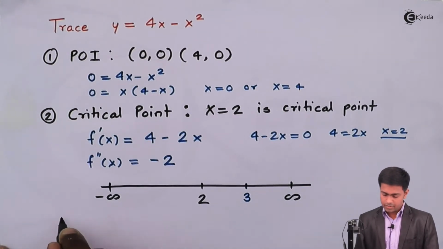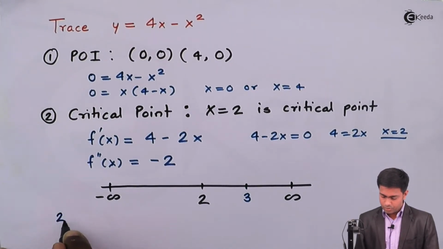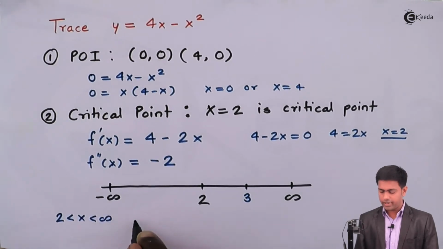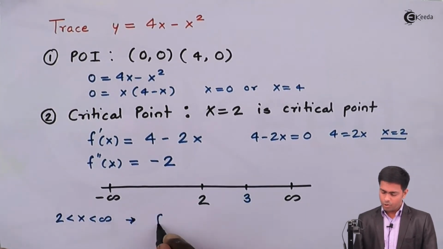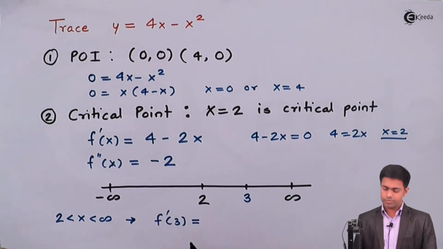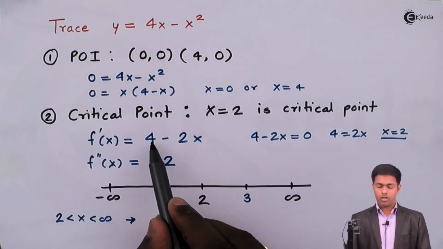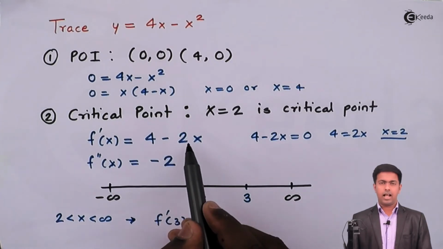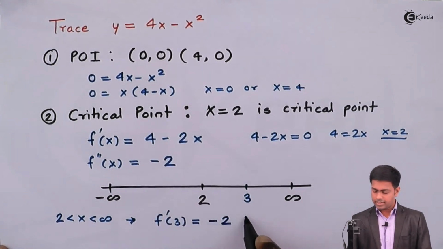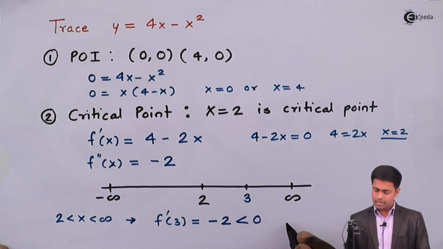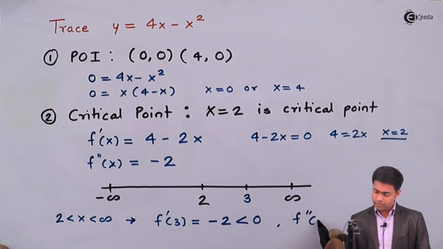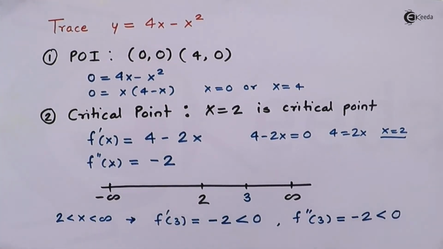So here, between 2 to infinity, f dash of 3 equals 4 minus 6, and that will be minus 2, which is less than 0. And similarly the value of f double dash of 3 will be minus 2 itself, which is less than 0. So it means between 2 to infinity we are getting the first derivative as well as the second derivative less than 0.